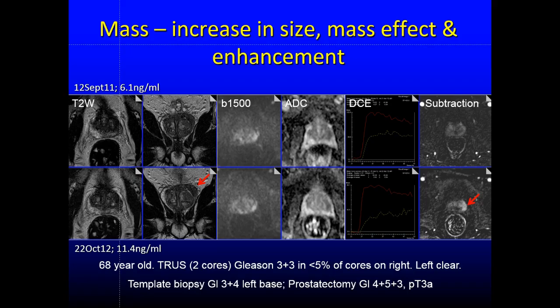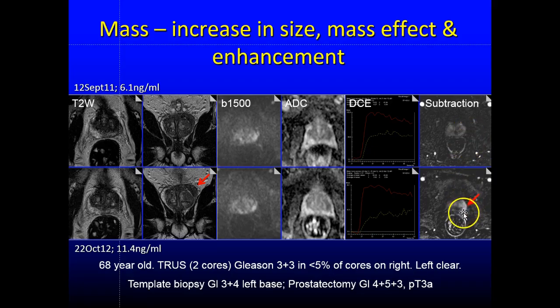But what about this patient here? You can see that over a year there is a slight but very subtle increase in size, not in the axial plane but in the coronal plane. Here to here we see a change, an increase in the size. The diffusion characteristics in fact don't change that much, but look what happens at the contrast enhancement.